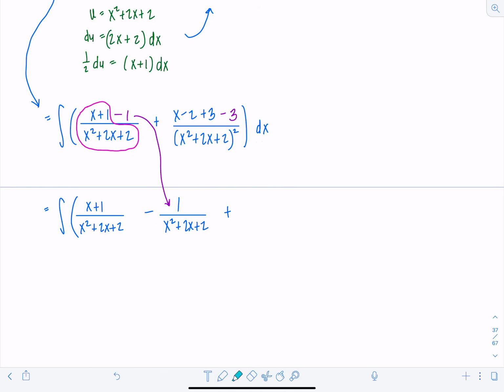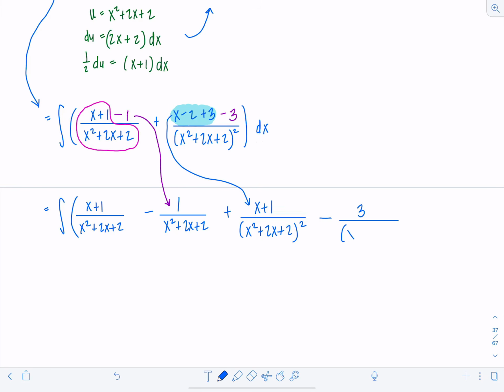Plus, and then remember, this is all x plus 1. So I've got x plus 1 over x squared plus 2x plus 2 squared for this denominator. So there he is. And then minus 3 over x squared plus 2x plus 2 squared, close it up, dx.